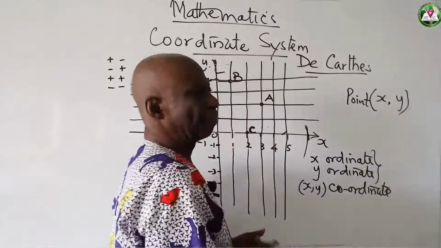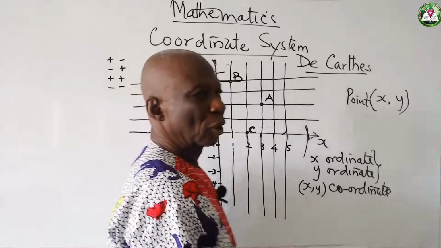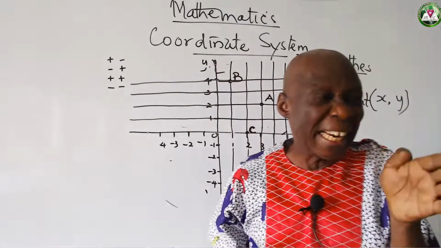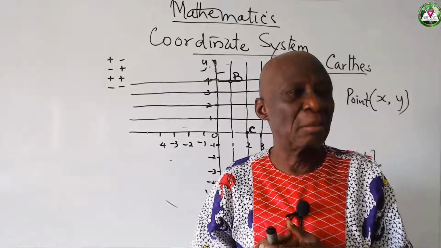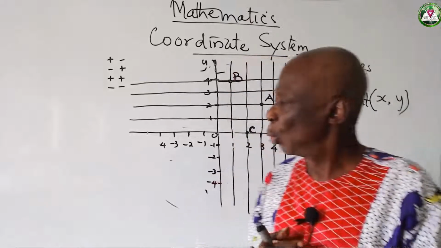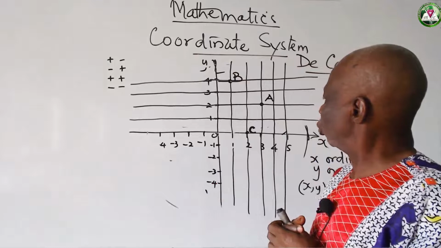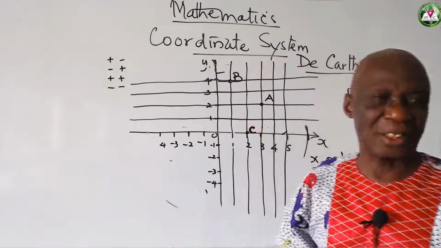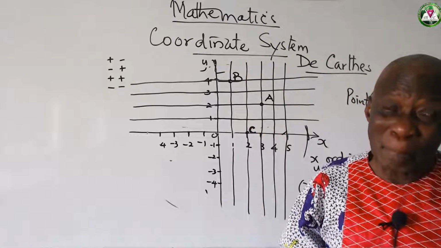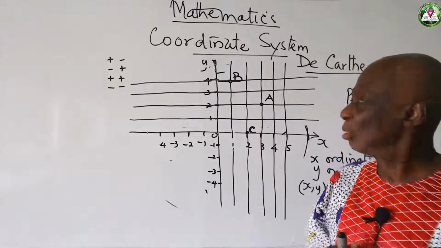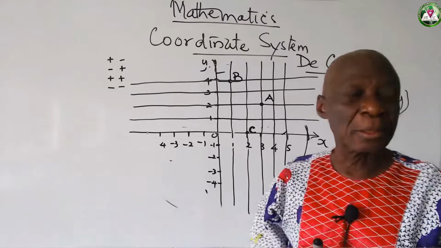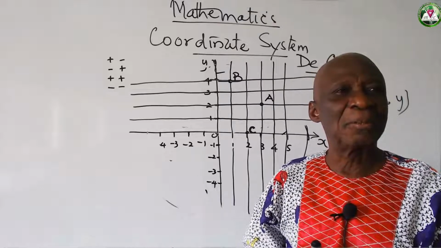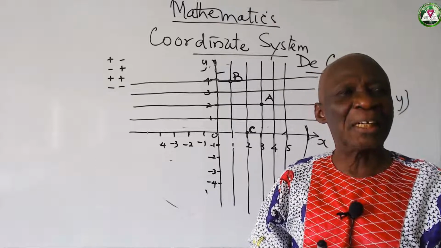Now, let us look at A. Which line passed through A and coming to the x-axis? Look again.